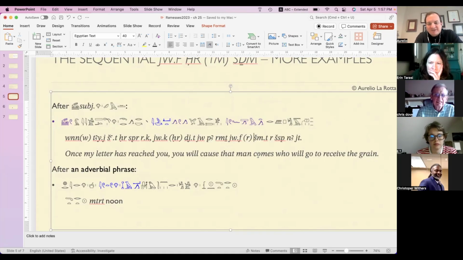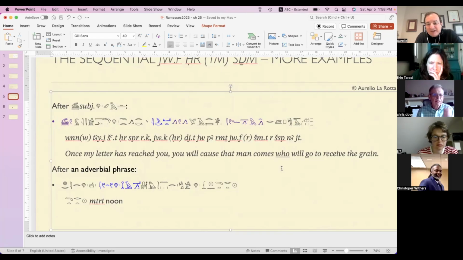But what confuses me is, this would be a relative sentence in English. Equivalents of relative sentences in Late Egyptian normally have NT, unless they're past tense. You get a relative sentence with EU, which looks almost like a circumstantial.